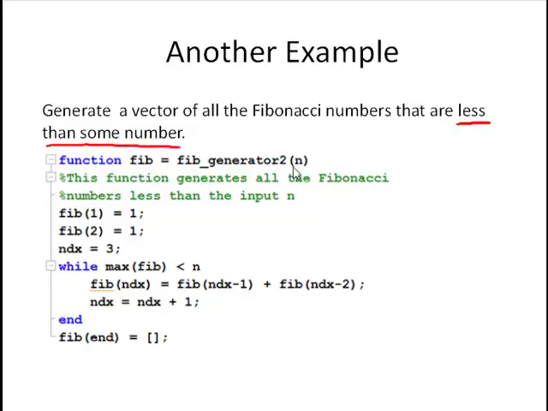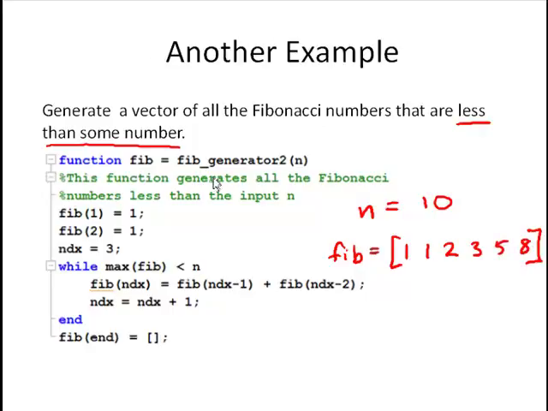So here's the function, the input n, and what we want to do is generate all the Fibonacci numbers that are less than n. For example, if n is equal to 10, we would want to generate a vector fib that's equal to 1, 1, 2, 3, 5, and 8.